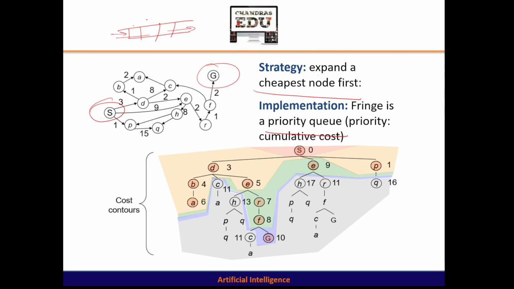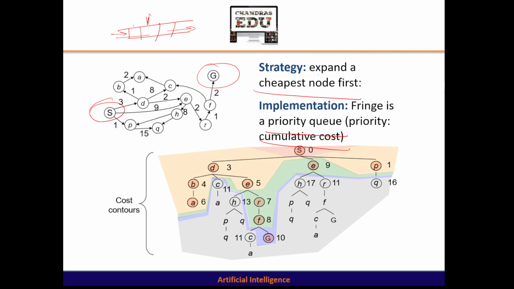But here we can assign a priority to which element needs to be sent out and which element needs to be inside. So that can be prioritized here. The priority here is nothing but cumulative cost. Cumulative cost means, from the starting point, what is the cost. Based on that, it will take the next move, or the queue will be filled, that is entered with a new element or removed with the element which is not needed.